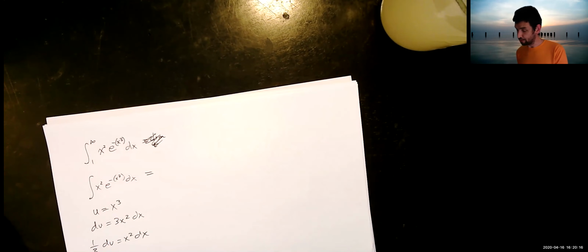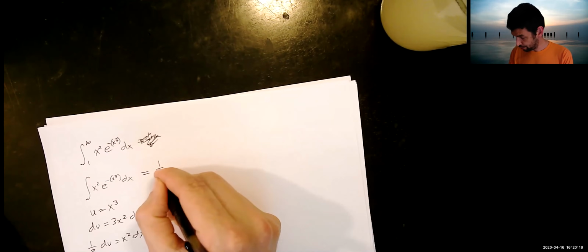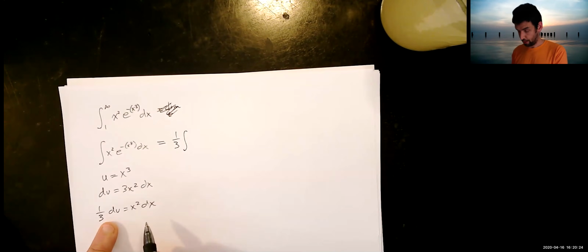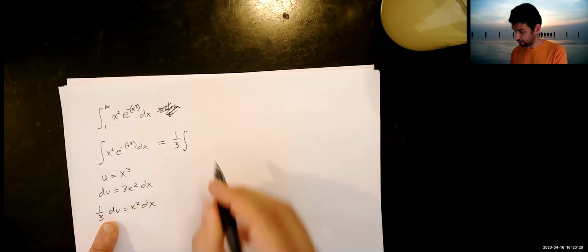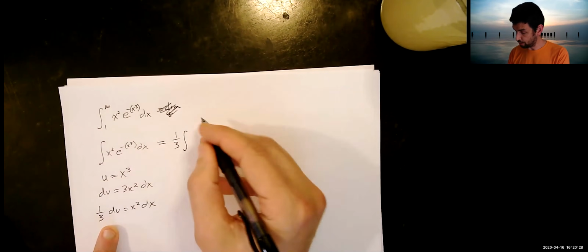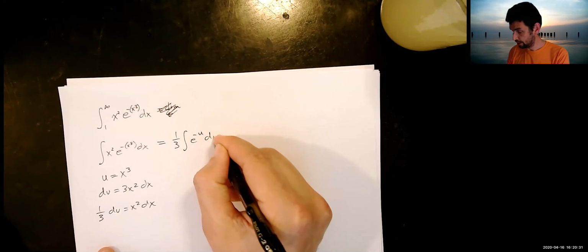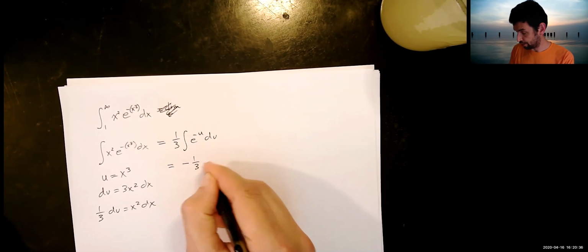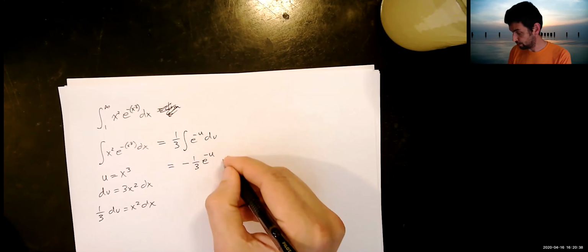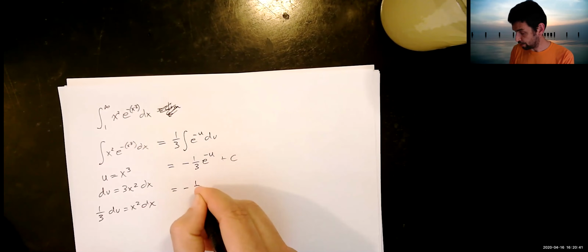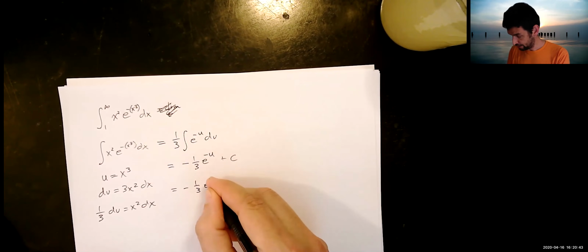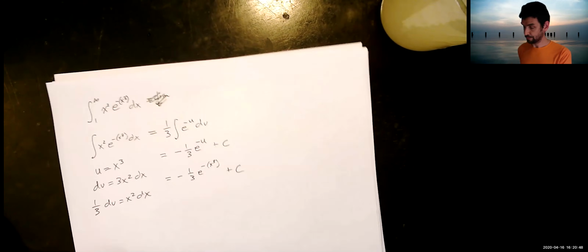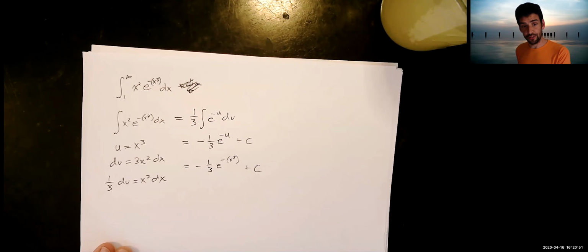So putting those substitutions in, we've got 1/3 du replacing x squared dx, and we'll have e to the negative u du. The antiderivative is negative 1/3 e to the negative u plus c, or negative 1/3 e to the negative x cubed plus c. Okay, so there's our antiderivative.